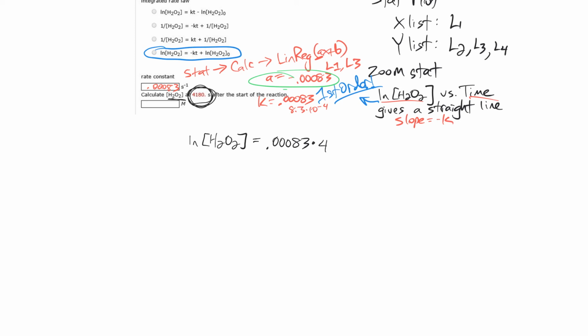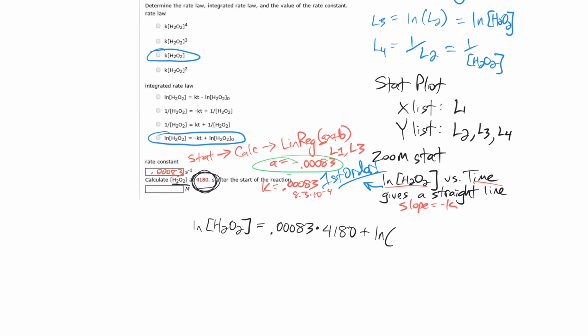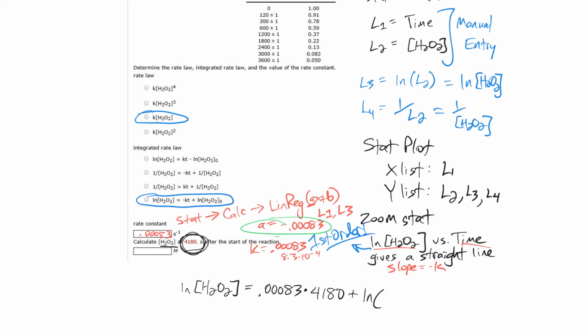Your red number may differ from mine, but it's whatever that red number is, plus the natural log of, here's where it gets a little interesting. If we're looking at the initial concentration of H2O2, I'm following the format of this integrated rate law down here. What we need to plug in this spot is the initial concentration of H2O2.